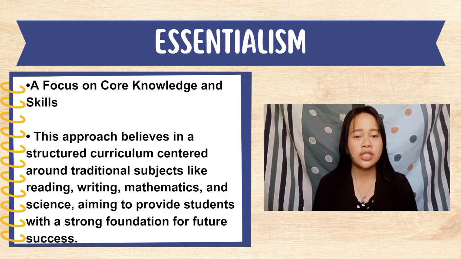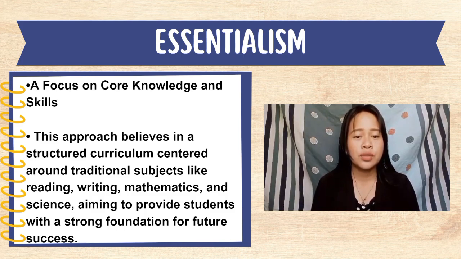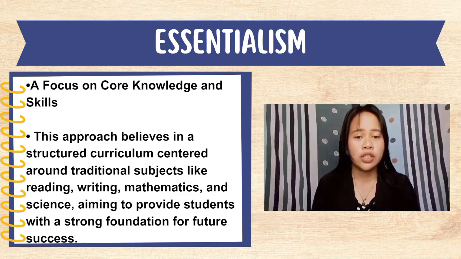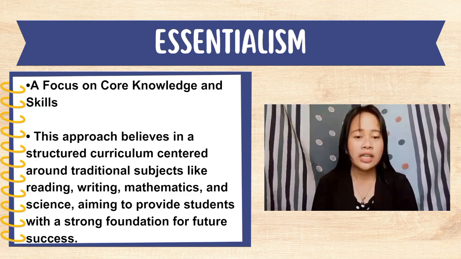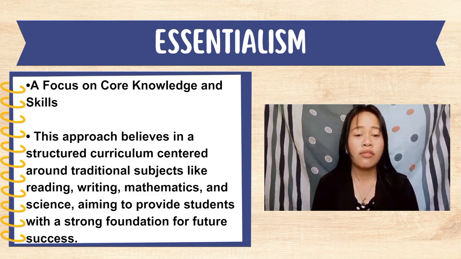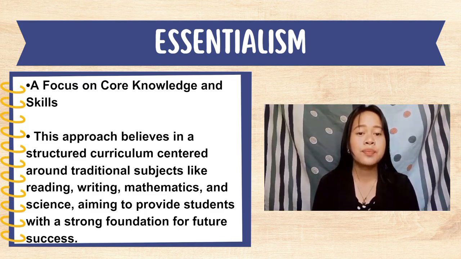Next, we have essentialism, a focus on core knowledge and skills. This approach believes in a structured curriculum centered around traditional subjects like reading, writing, mathematics, and science, aiming to provide students with a strong foundation for future success.